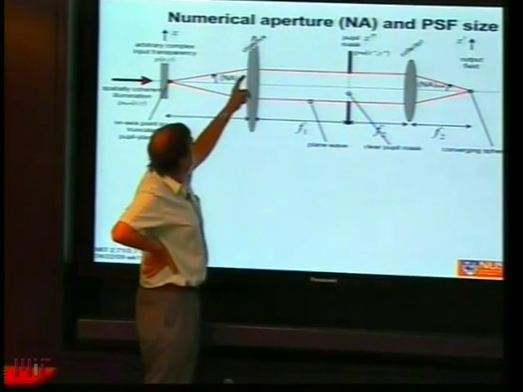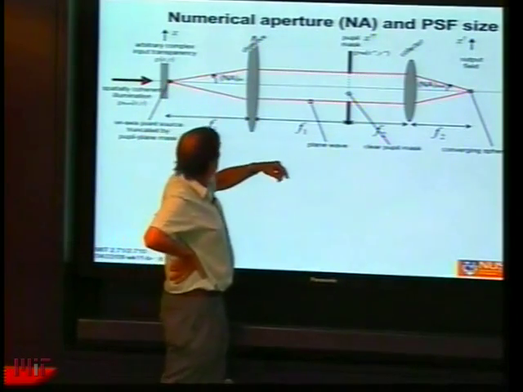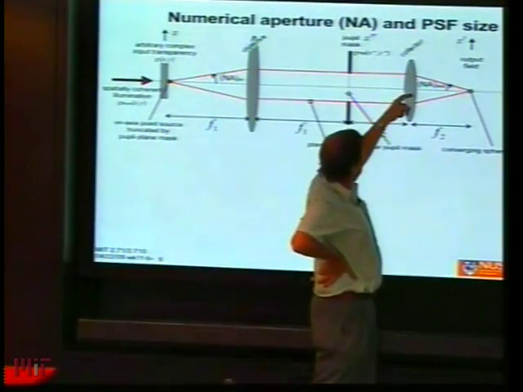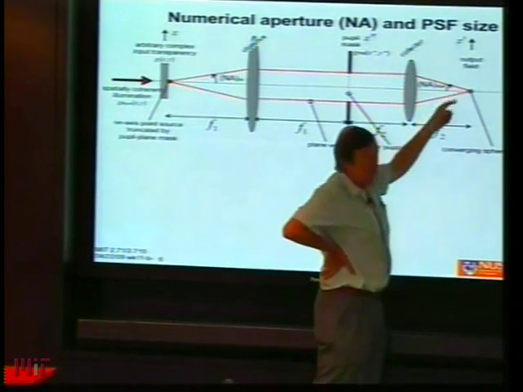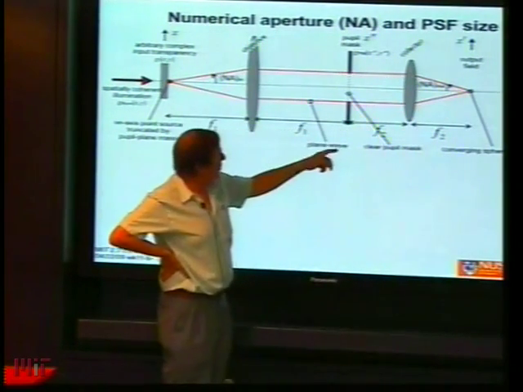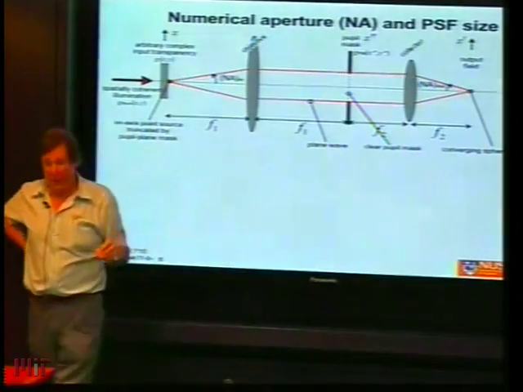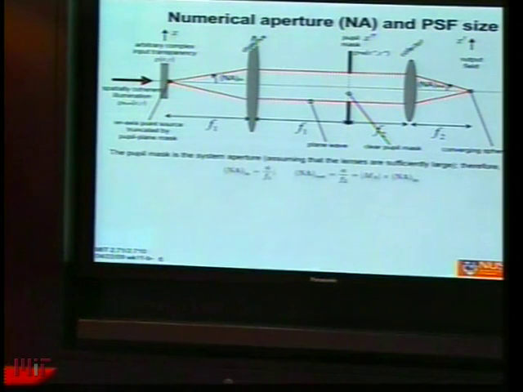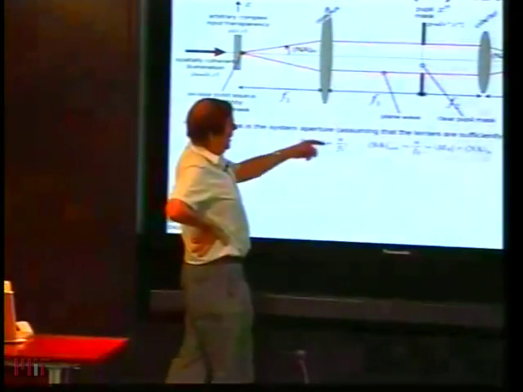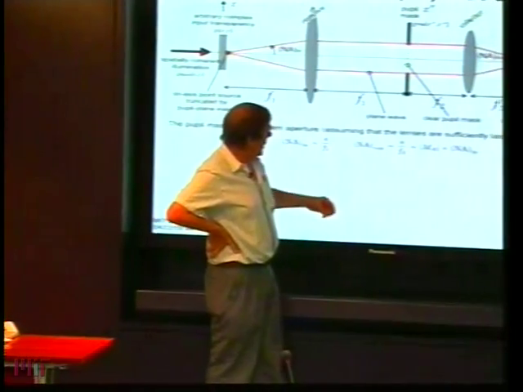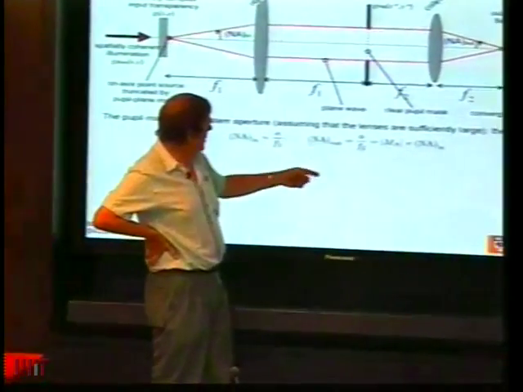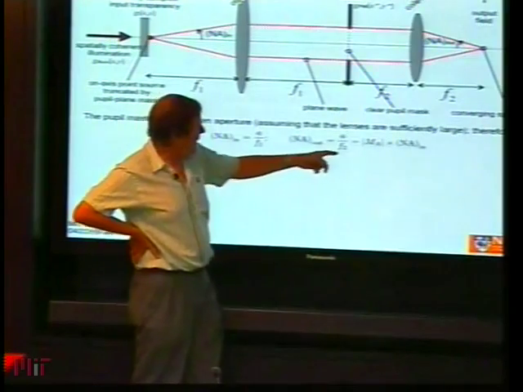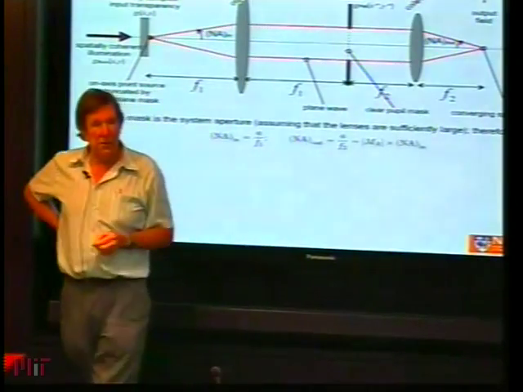So this distance over this distance, divided by this distance over this distance, is pretty close to being the ratio of the focal lengths. So we've got a certain NA on the input side, and a certain NA on the output side, and the ratio between those NAs is just equal to the magnification of the system.